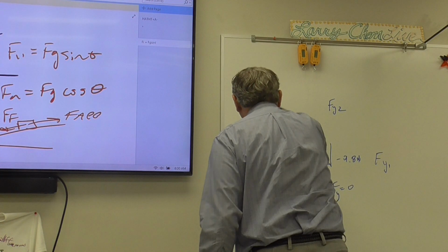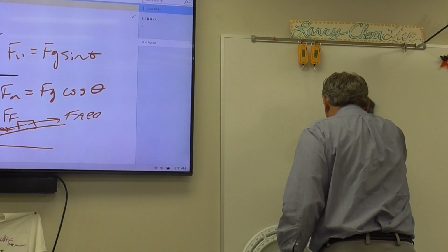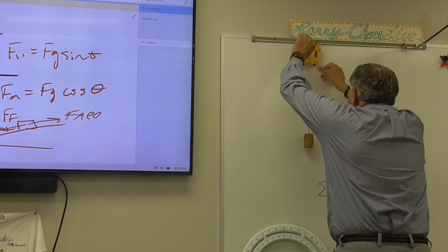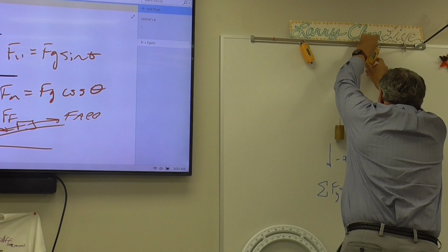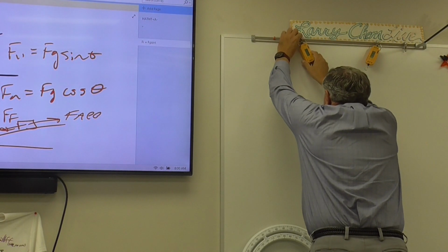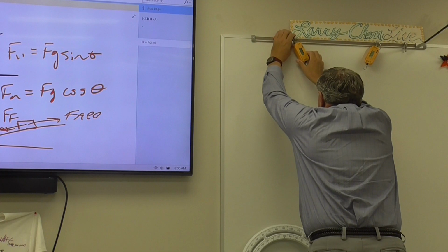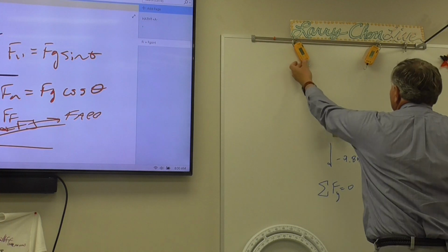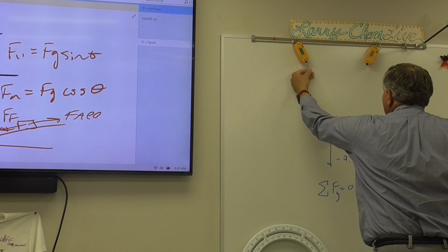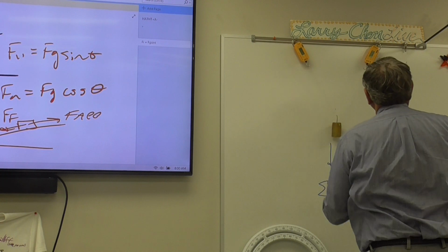So, it's like this. Oh man, I'm seeing two 5s. Uh-oh. That's not good. Gravity got stronger.